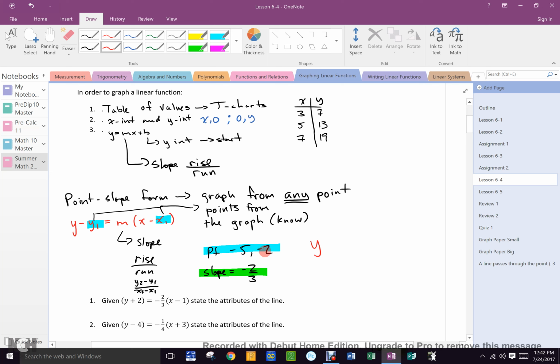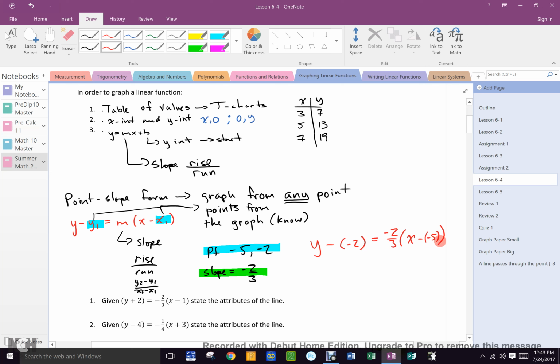What is the y that I know? -2. So it's y minus -2, right? Equals m, what's my m? -2/3, bracket, x minus, what's the x that I know? -5.